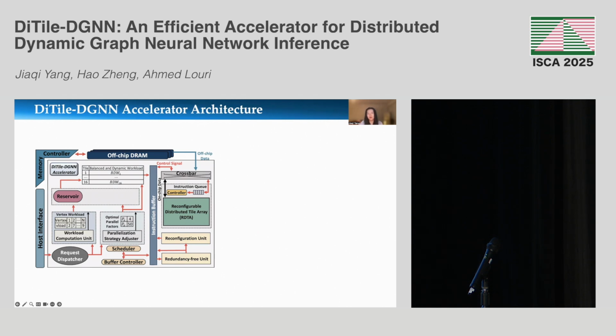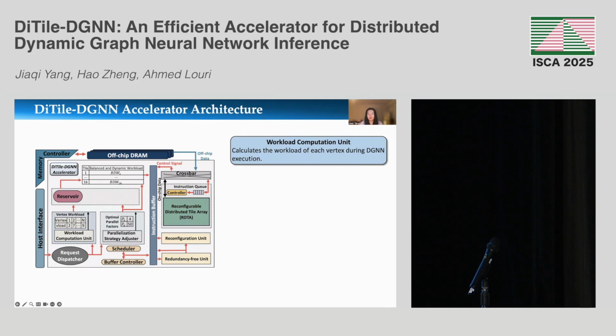First, the host processor sends the inference request to the request dispatcher. This is step 1. In step 2, the workload computation unit calculates the workload of each vertex based on the graph structure and model inputs.